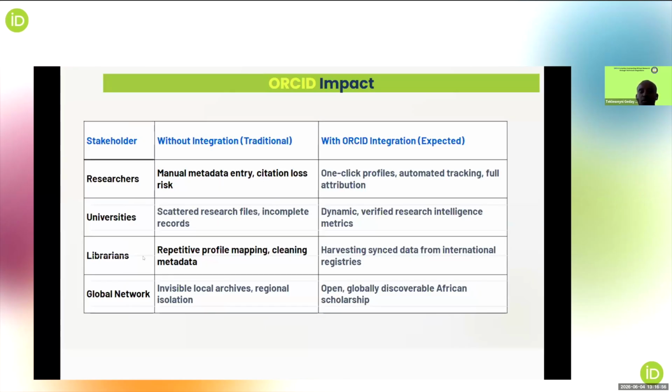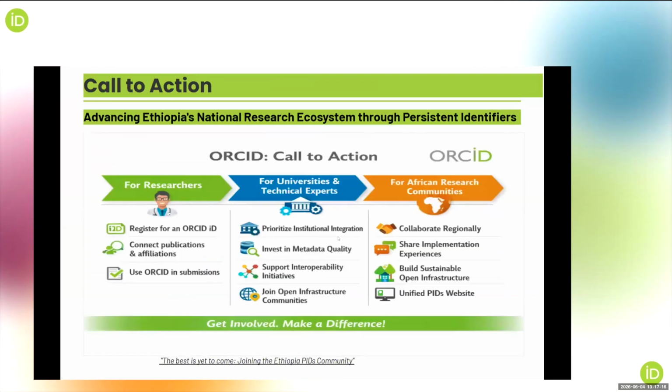And there are various advantages that we can get from ORCID. Researchers, universities, librarians, and the global network can gain better advantages, but I want to emphasize for universities and academic researchers to enable ORCID integration for various purposes, including research intelligence as well as reporting. So as a call to action, individual researchers need to register for ORCID and add data to their ORCID.